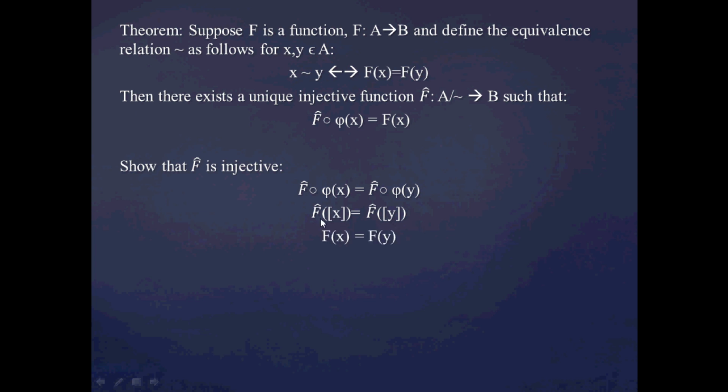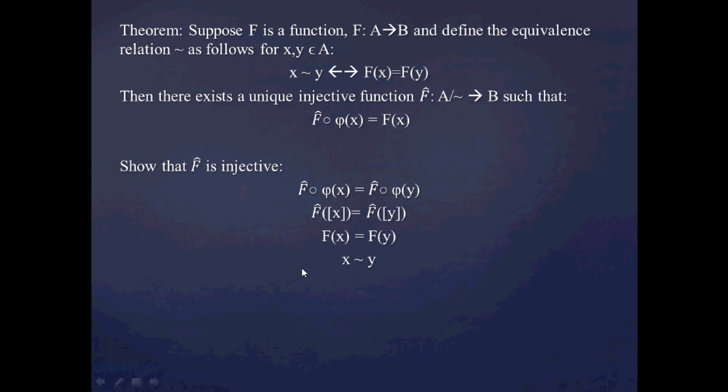So from the definition of f hat, which I propose is going to be up here, this is going to be equal to f. So the left-hand side is just f of x, and the right-hand side is just f of y. But then I defined that f of x is equal to f of y to mean that x is equivalent to y. So this statement implies that x is equivalent to y.